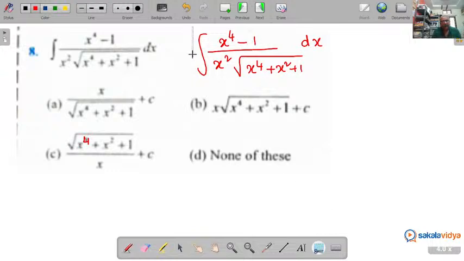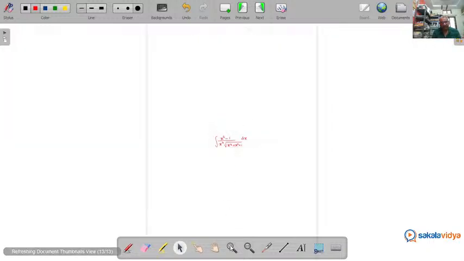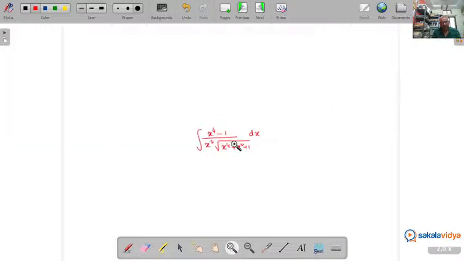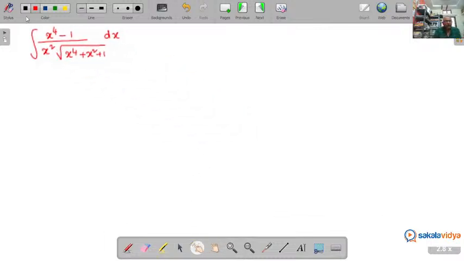Let us try to solve it on the next page. Say I. So first step, write down x to the power of 4 minus 1, (x square minus 1) into (x square plus 1).